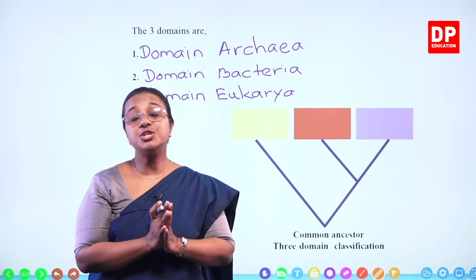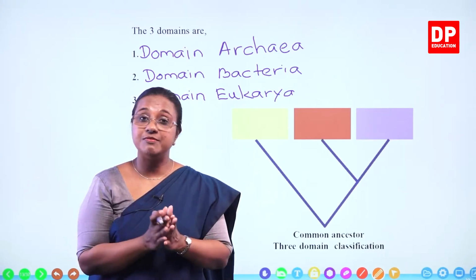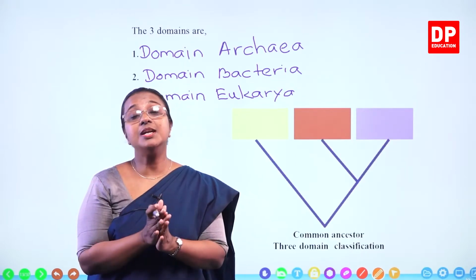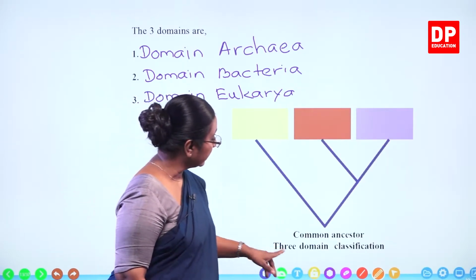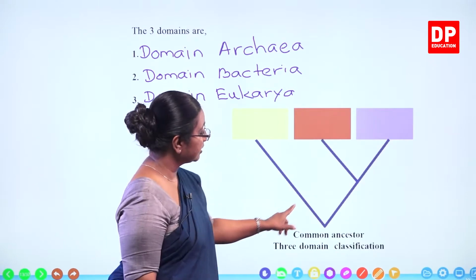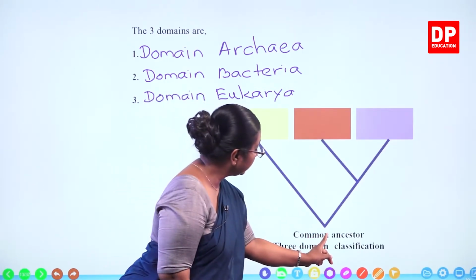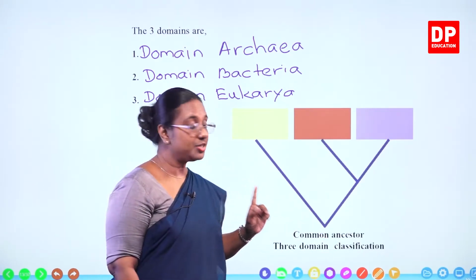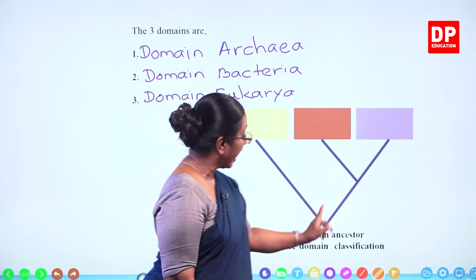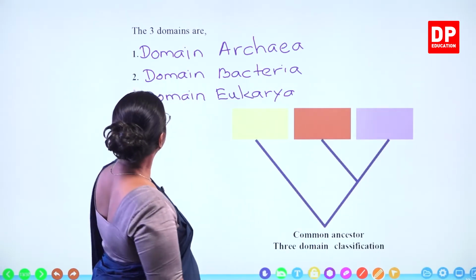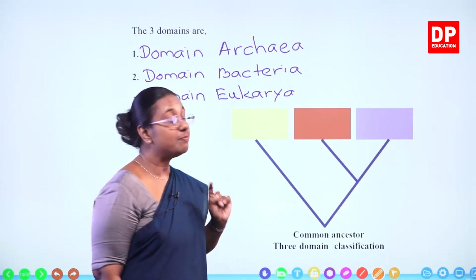But this evolutionary process, the development of different species, took different paths. So if we look at the common ancestor, here you can see there is one branch, there is another branch, and this branch leads to the second domain, domain Bacteria.